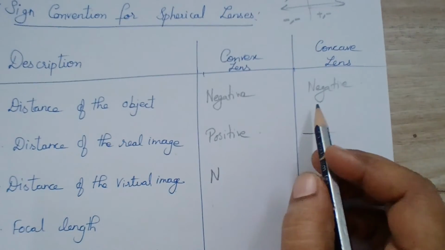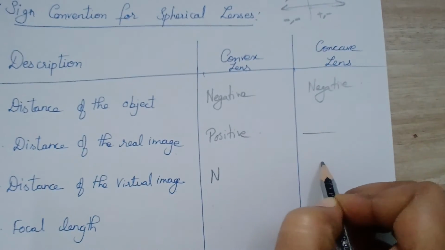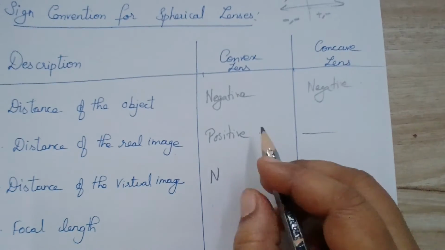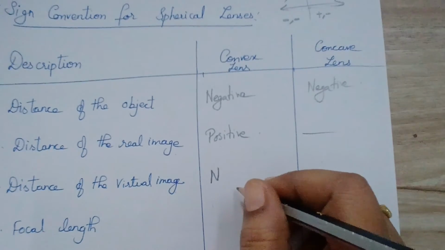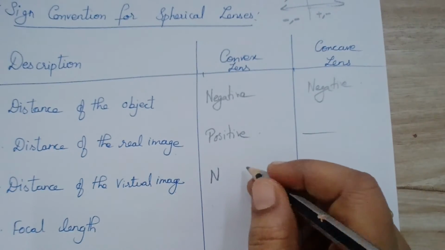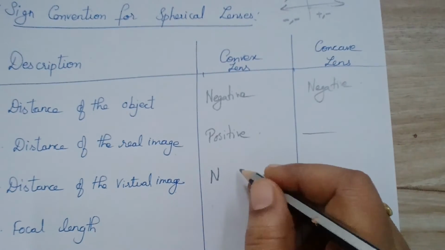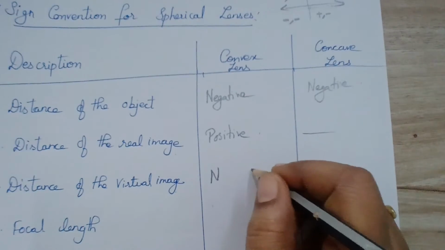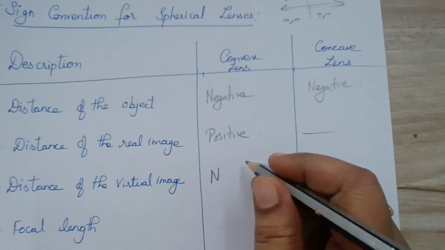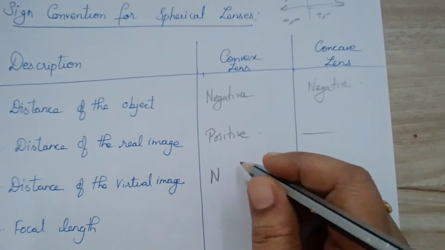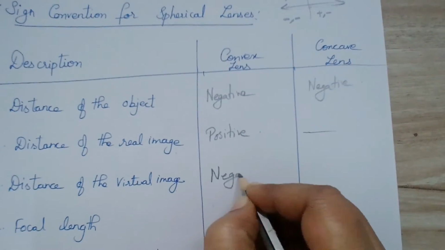Distance of the virtual image: in both cases it is negative, because the virtual image will form on the same side of the lens, as we just saw in the concave lens. And if the object is kept between the focus and the optical center, you will get the virtual image on the same side of the lens, so that is also negative.